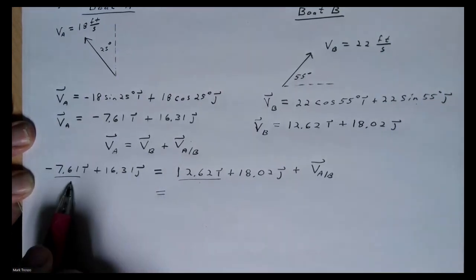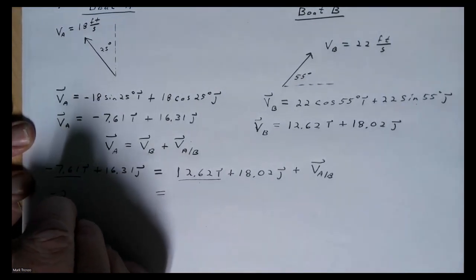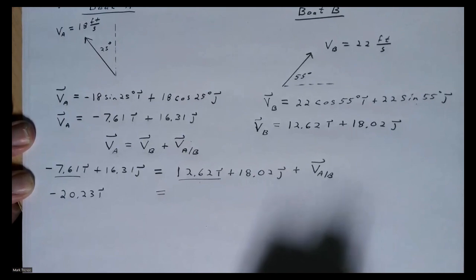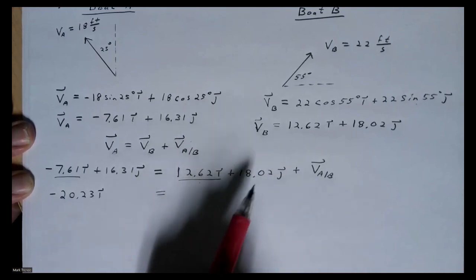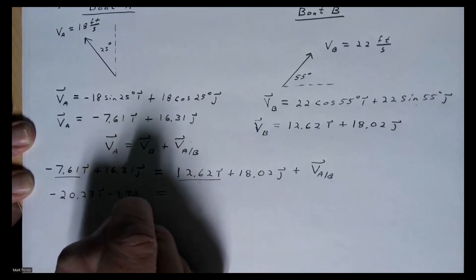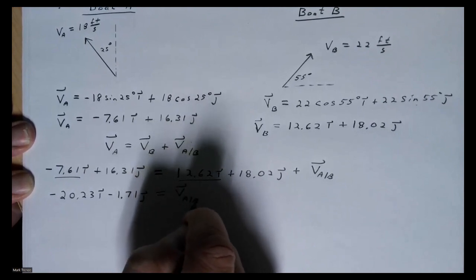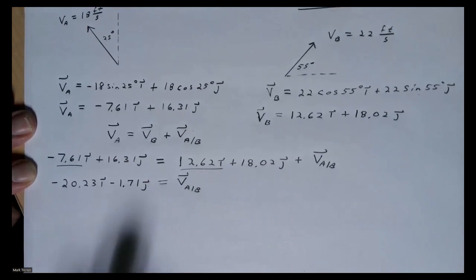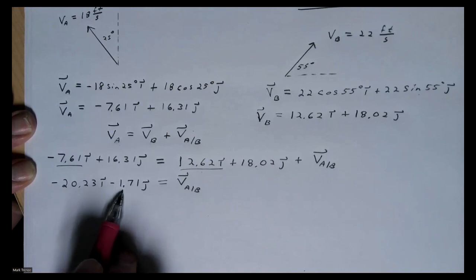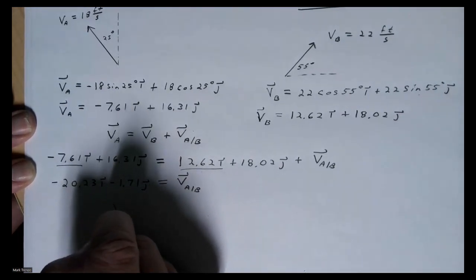When we bring this to the other side, that's going to be negative 20.23 I. And bring this to the other side, negative 1.71 J. And VAB, the velocity of A with respect to B, is negative 20.23 I minus 1.71 J. We want to make it look a little bit nicer.